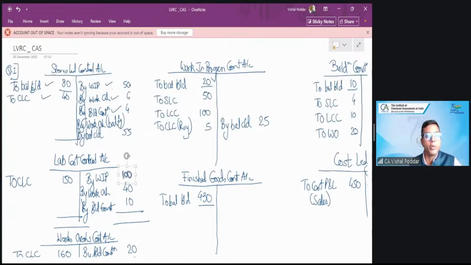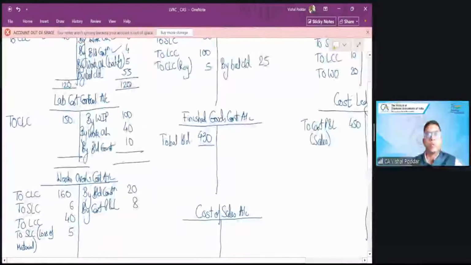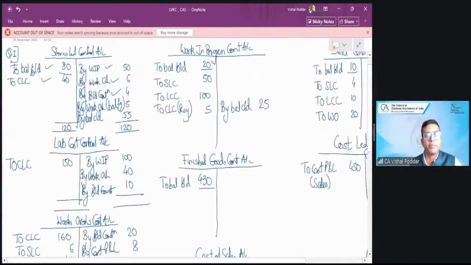See, debit is 120. Now the breakup is 50, 6, 4, 10, 60, 60 and 55. So it is 115. So 5 is the loss. So 115 plus 5 becomes 120. Correct? So your material is also concluded.